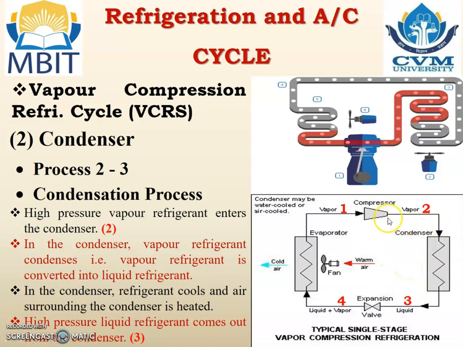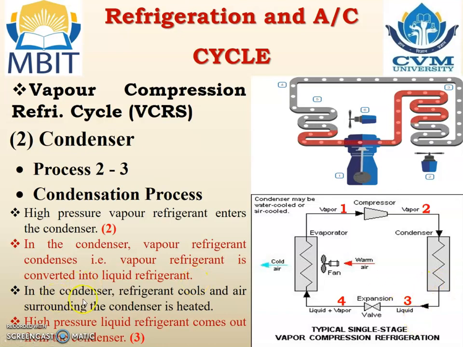Whatever comes out from the compressor enters the condenser. So we can write down like this: high pressure vapor refrigerant enters the condenser at point number 2. Now what is the function of the condenser? In the condenser, vapor refrigerant condenses. It means vapor refrigerant is converted into liquid refrigerant. So now what will come out from the condenser?